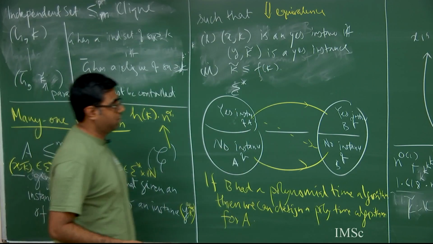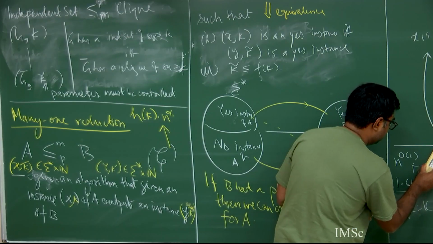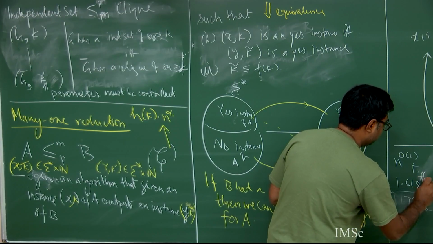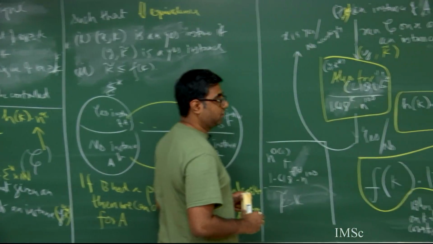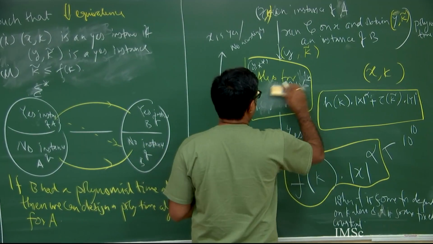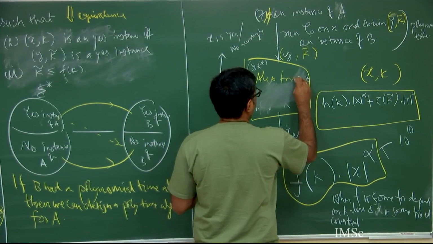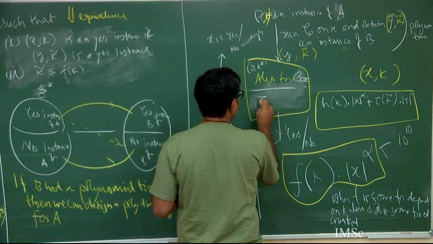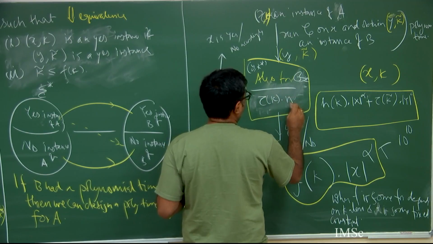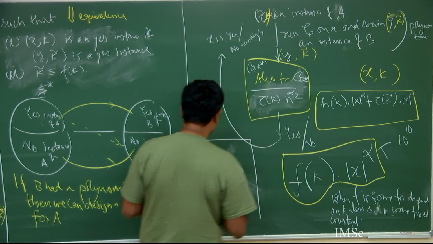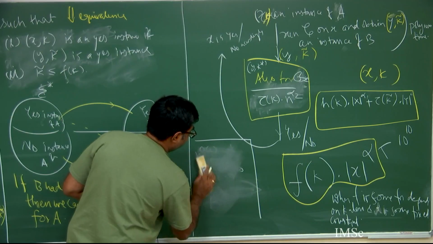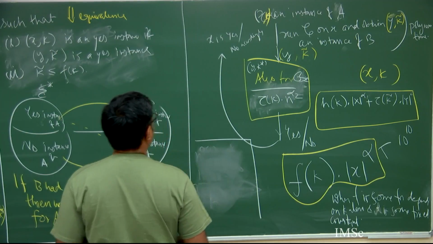Because then it's fine: whatever it may be, if it is a function of k, then I can put this. If this algorithm for B would have been running in time tau of k times n to the power alpha 2, then my running time of this algorithm will be how much?